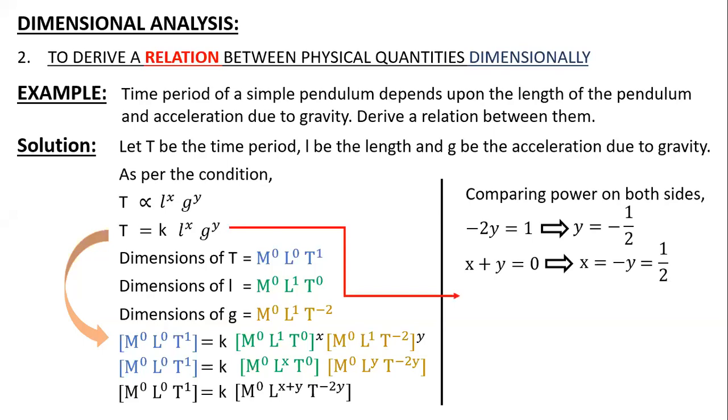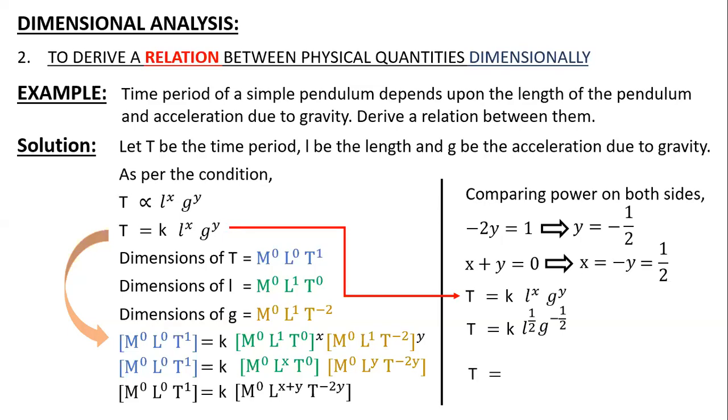Now just take the relation which you took earlier. So you will get T is equal to k times L power x, g power y, which we already assumed. In that, just substitute the value of x and y. Now minus half means it should be in the denominator. So that will be L half upon g half. L by g whole power half, and half is nothing but your square root.